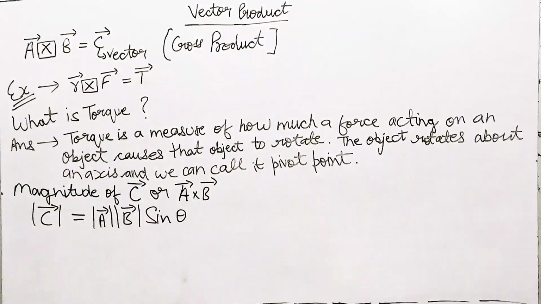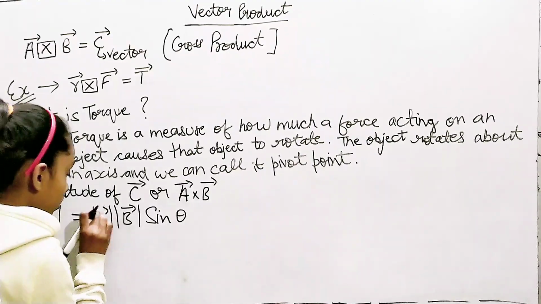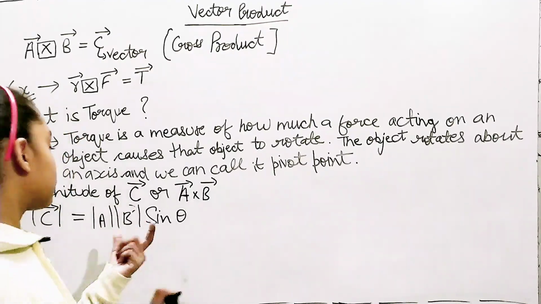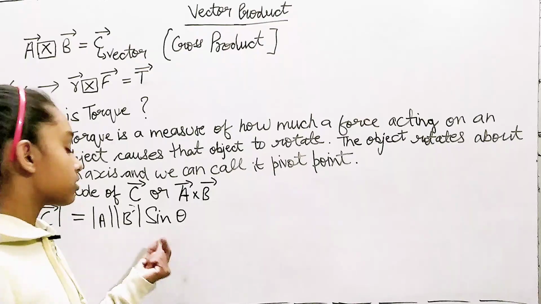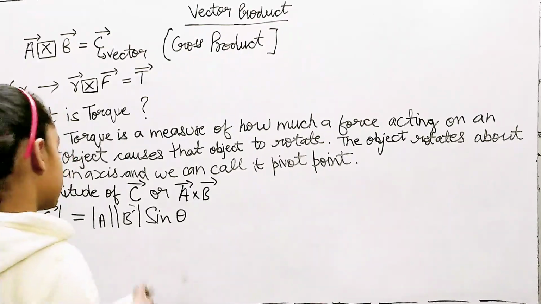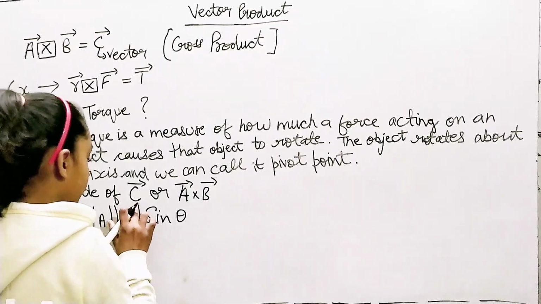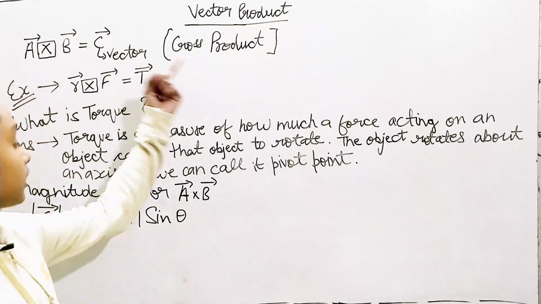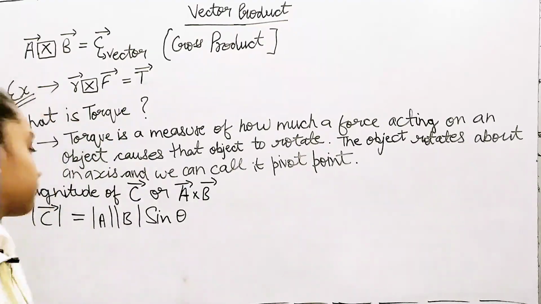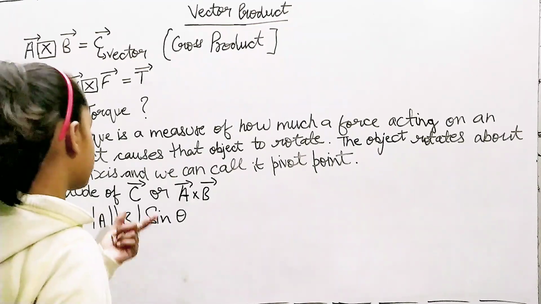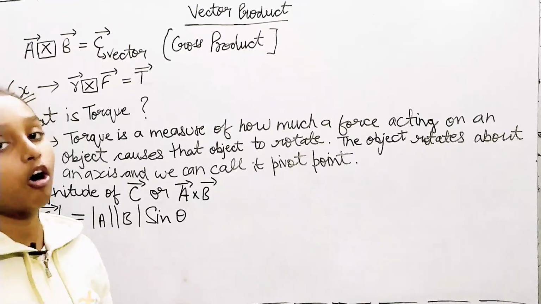See? Mod A, mod B, sine theta, and the vector sign will also not be mentioned. Don't forget to write sine here, because if you write cos, then you will get 0 marks for that, and your whole answer can be wrong by a small mistake. So always remember that in vector product we will use sine. And after some time I'm going to tell you why sine will come and cos will not come.